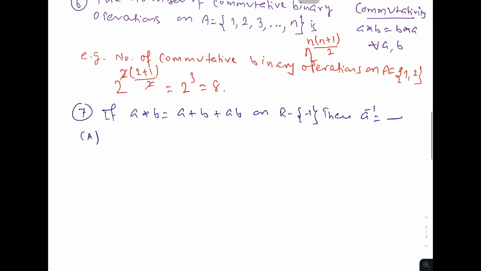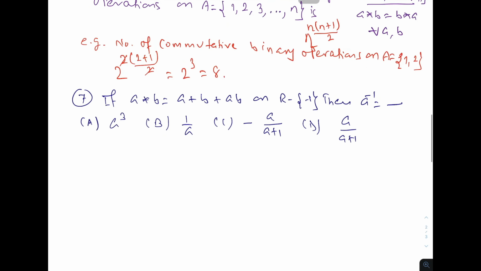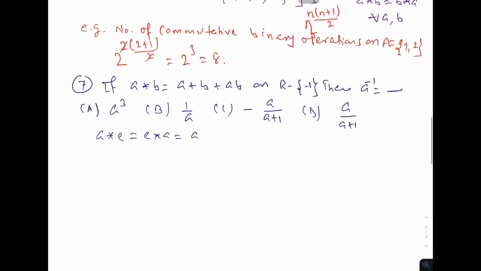Options are A cube, 1 over A, minus A over A plus 1, and A over A plus 1. So now first we need the identity element. So for identity element, suppose E is the identity, then you want A star E should be equal to E star A, and that is equal to A.